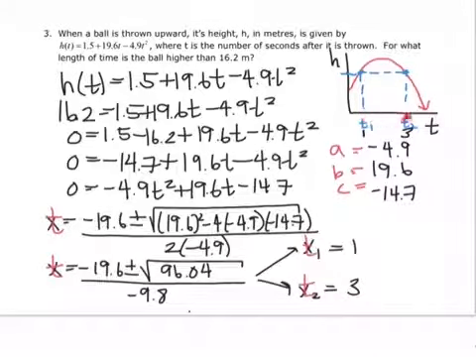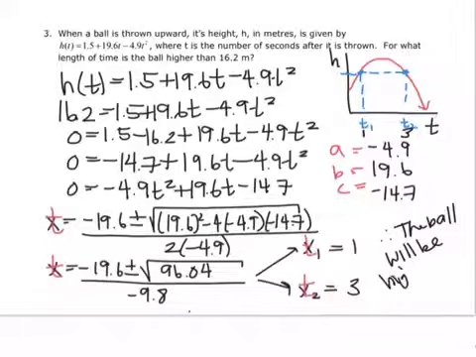So how much time has gone on in between? 2 seconds. So the final answer is therefore the ball will be higher than that height that they gave us, 16.2 meters, for 2 seconds.